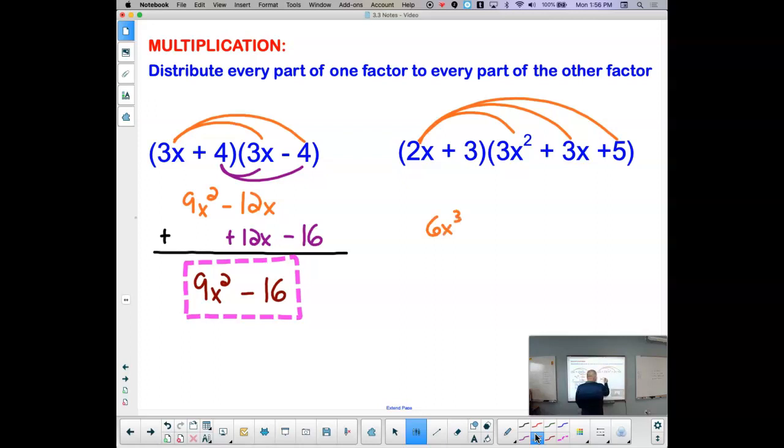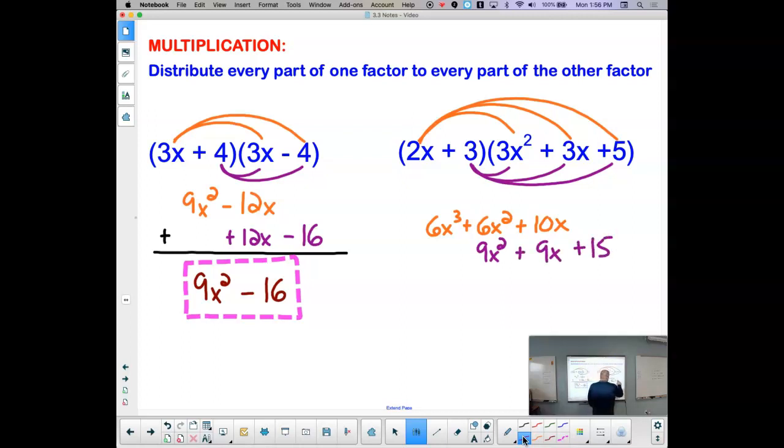6x cubed plus 6x squared plus 10x is that distribution. Then distribute in the 3. So that would be 9x squared plus 9x plus 15.